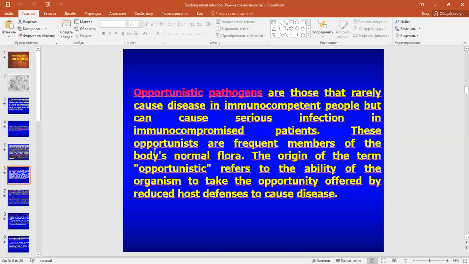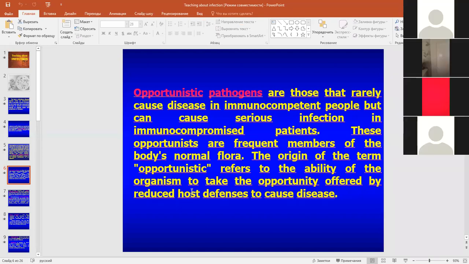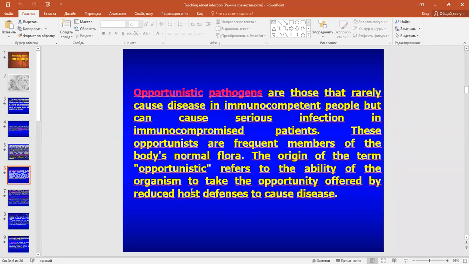Opportunistic pathogens are those that rarely cause disease in immunocompetent people, but can cause serious infection in immunocompromised patients. These opportunists are frequent members of the body's normal flora. The origin of the term opportunistic refers to the ability of the organism to take the opportunity offered by reduced host defenses to cause disease.